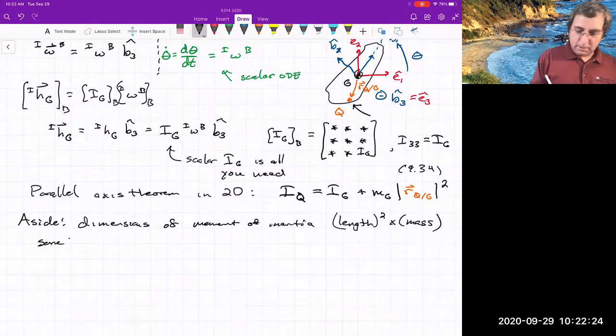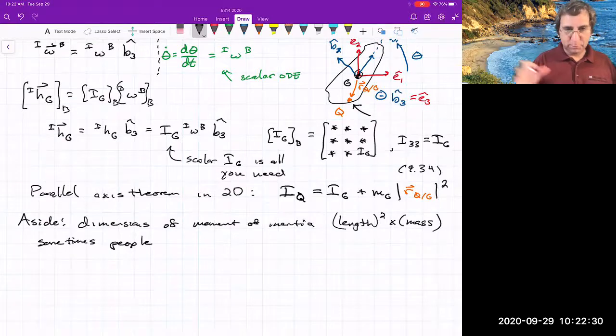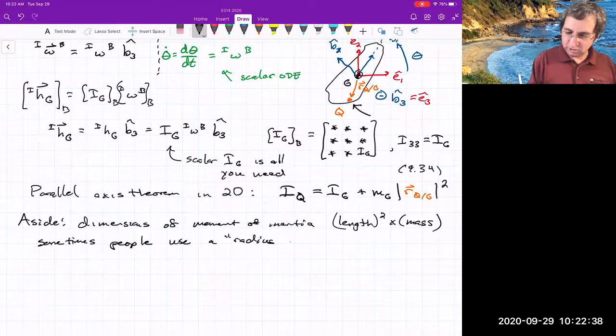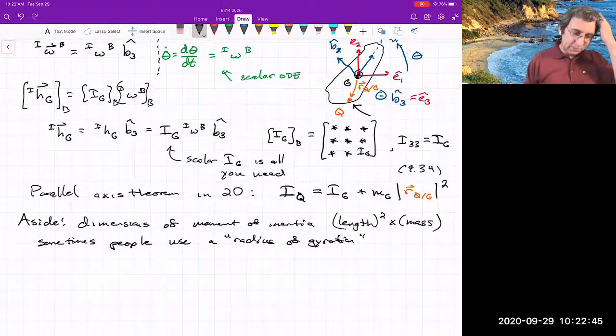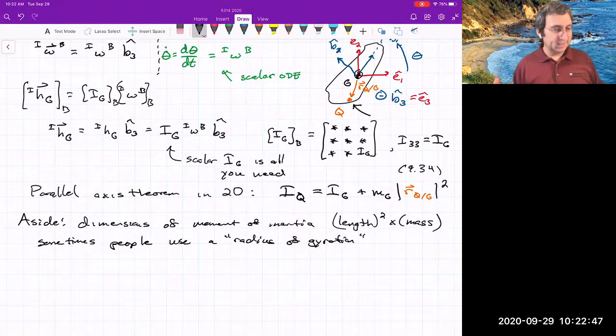And sometimes people, books, studies, engineers will use what they call a radius of gyration. It's another way of writing what that length is.